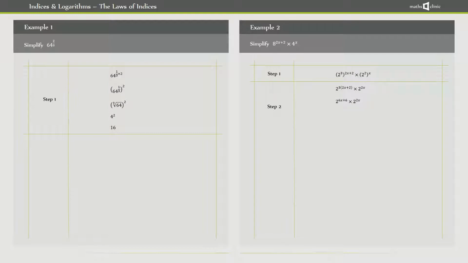We have 2 to the power of 6x plus 6 multiplied by 2 to the power of 2x, and what we have is 2 to the power of 6x plus 6 plus 2x, and when you work that out, you have 2 to the power of 8x plus 6, and that is pretty much your answer. Okay, so let's move on to the next example.